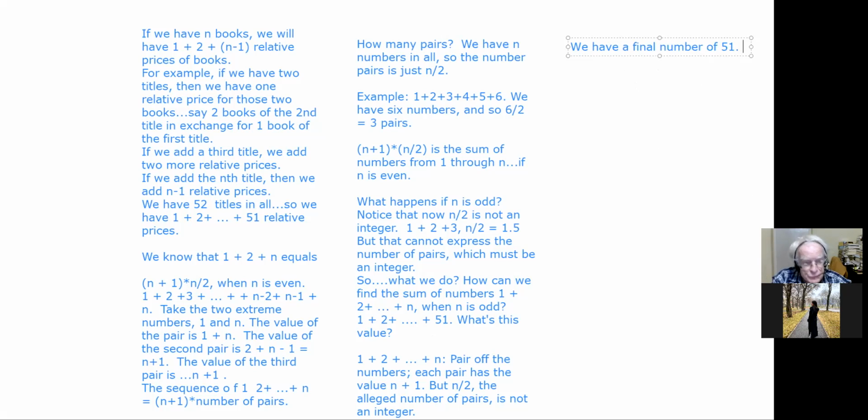If we have 51 divided by 3, then that will give us 17. 3 into 51, 17.